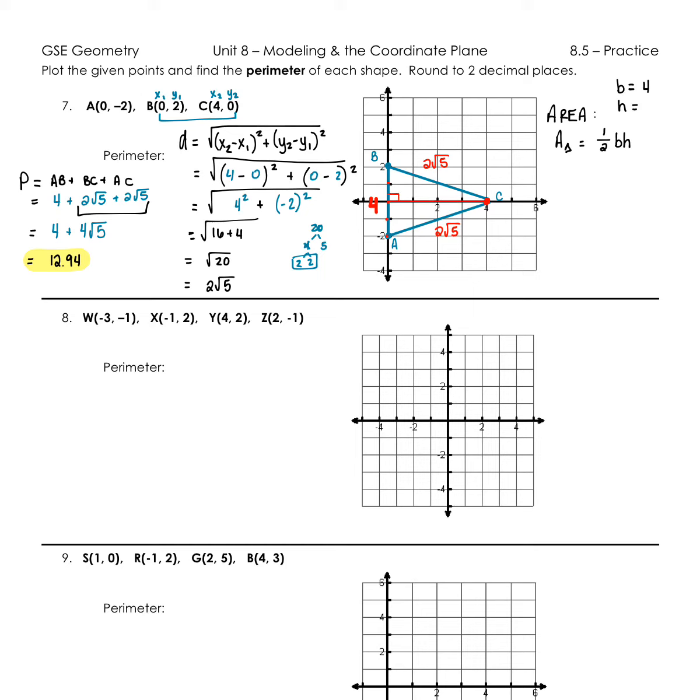So that would be 1, 2, 3, 4. So our height is also 4. So we go 1/2 times 4 times 4, half of 16. So our area is 8.